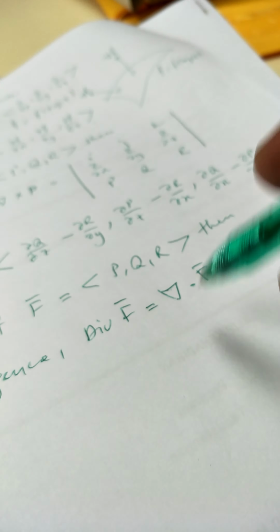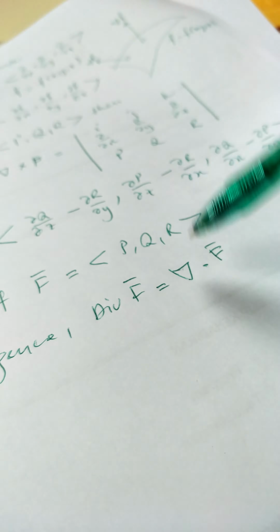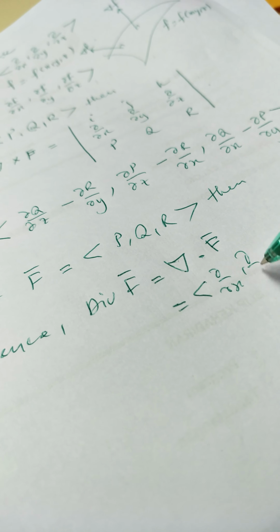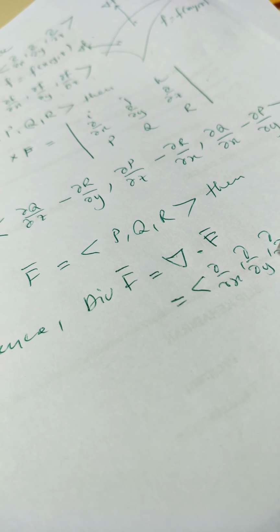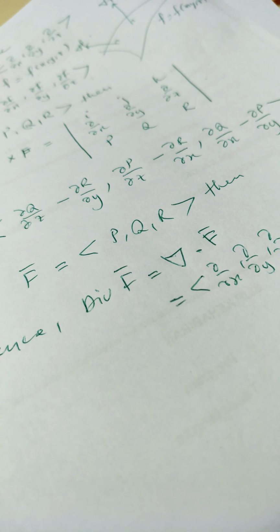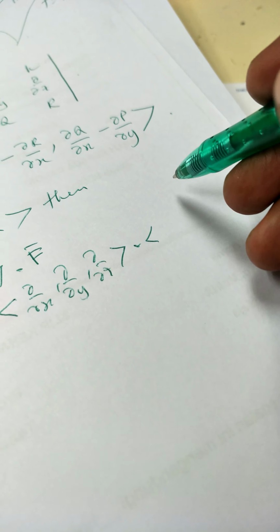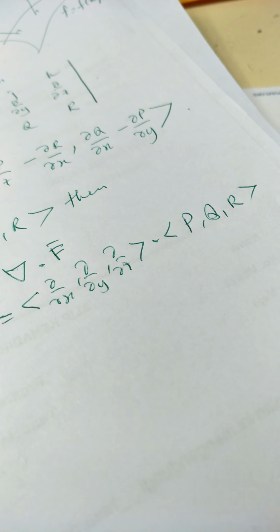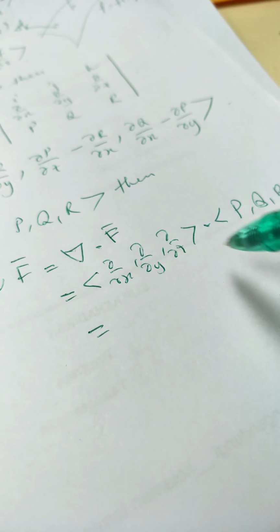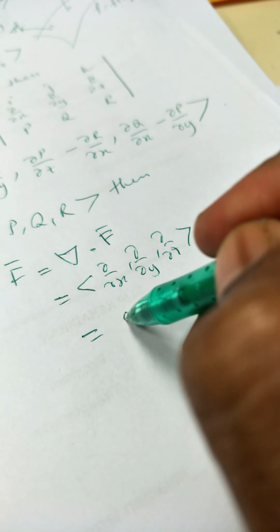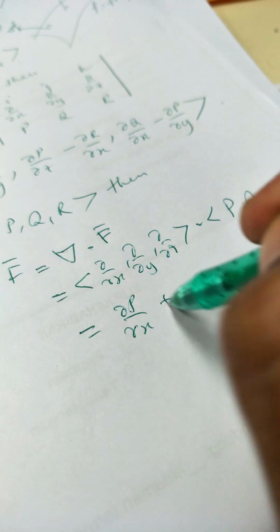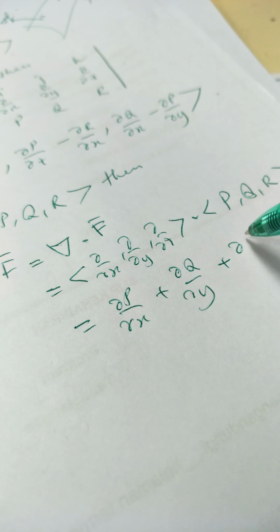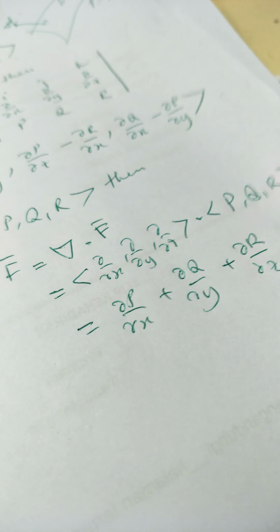Okay, so if we substitute everything there, del with del x, del y, del z, and f is P, Q, R, then we have this given as del P del x plus del Q del y plus del R del z.